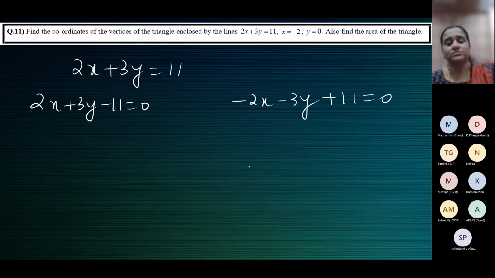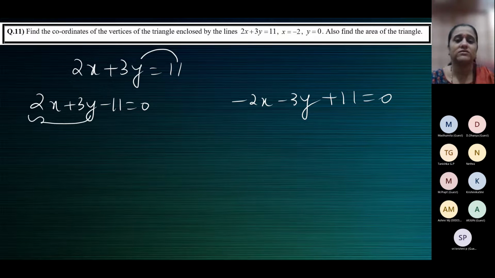Yes or no? Yes, ma'am. Both are correct. There is no rule that I have to transpose only 11, right? In one case, I transpose 11. I have 2x plus 3y in the left-hand side itself, and I transpose 11. So in that case, we get 2x plus 3y minus 11 is equal to 0.